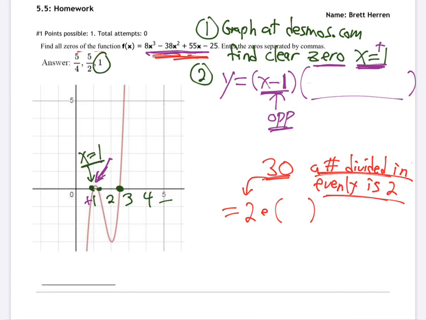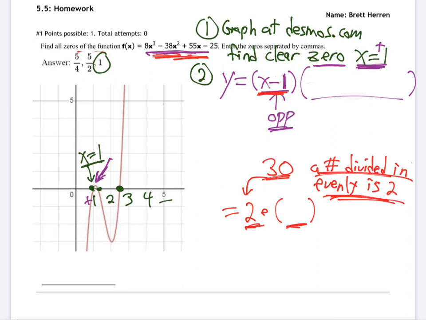And that's what we've got with the x minus 1 here. We're doing the same thing with letters as you would with numbers down here. So if you said, okay, I've got 30, I know 2 goes in. How would you find 2 times what is 30? I know you know off the top of your head that it's 15, but what if it was a harder number and you weren't sure?